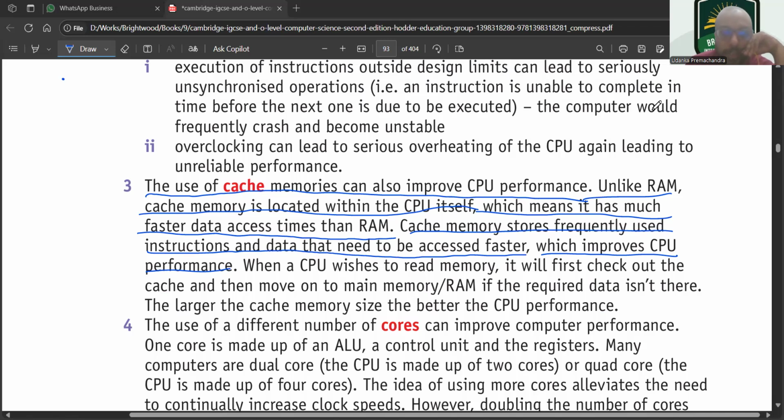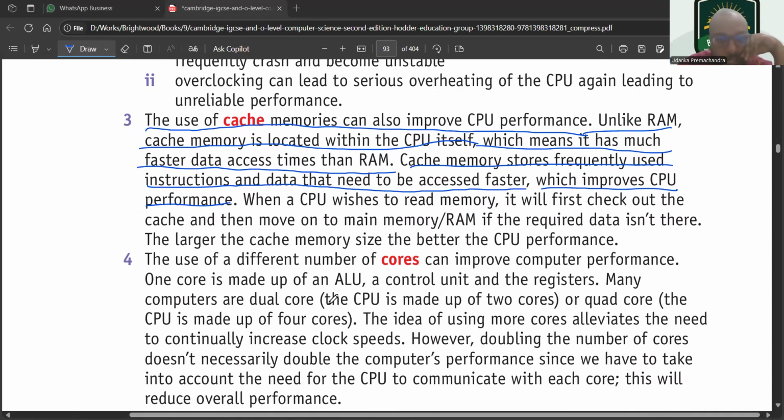Cache memory stores frequently used instructions and data that need to be accessed faster, which improves CPU performance. When the CPU wishes to read memory, it will first check the cache and then move on to the main memory.